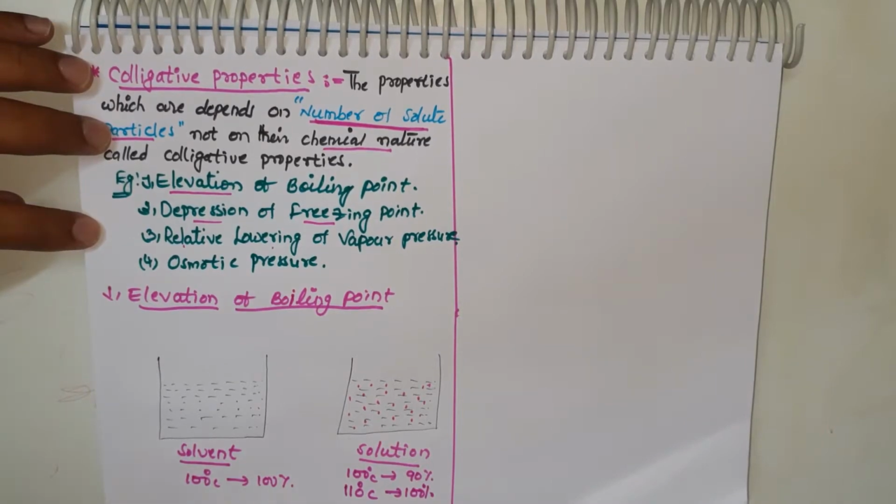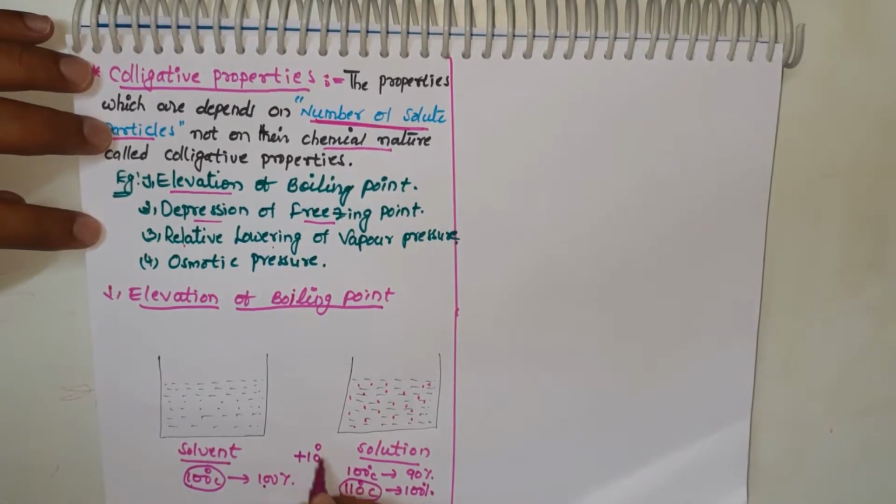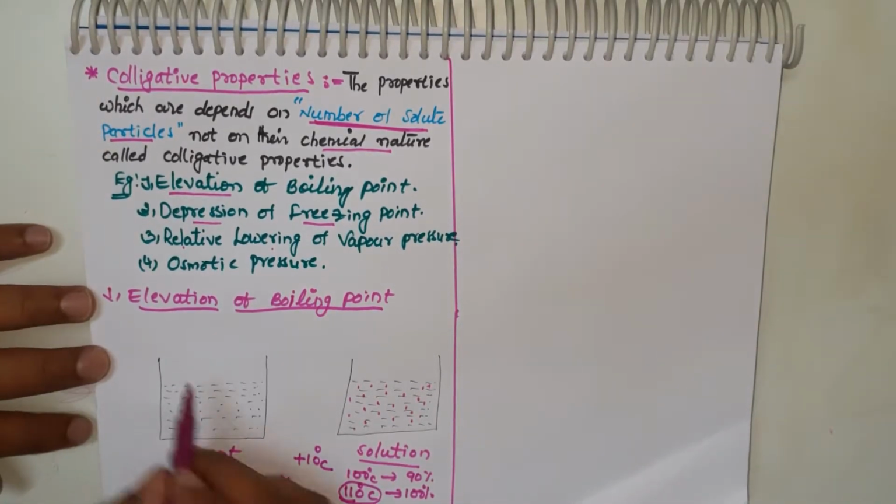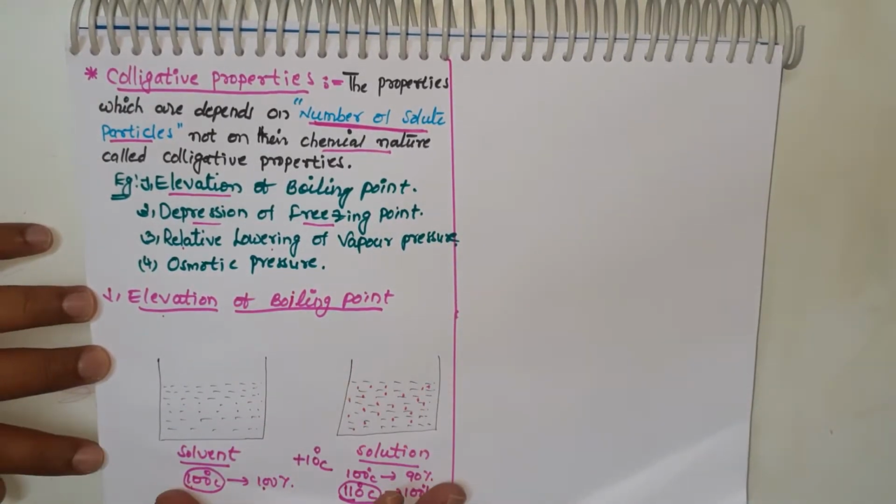Here at 100 degrees it converts 100%, but here it needs 110 degrees. The change is plus 10 degrees centigrade. This is known as elevation of boiling point.